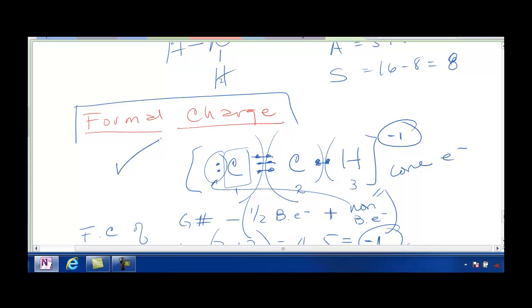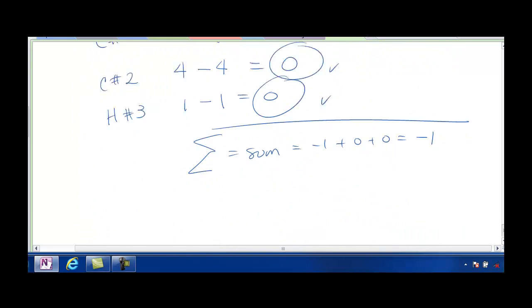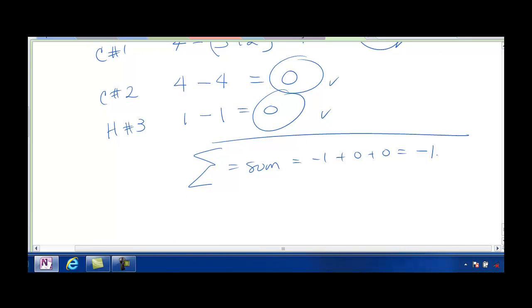Sometimes I'm going to draw Lewis dot structures and they're going to be crazy and not logical. So this is a way to check your Lewis dot structure. You come up with a Lewis dot structure, and if the sum of your formal charges of all the elements equals the charge of the ion, that is a valid formal charge.